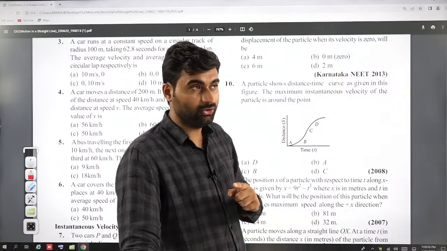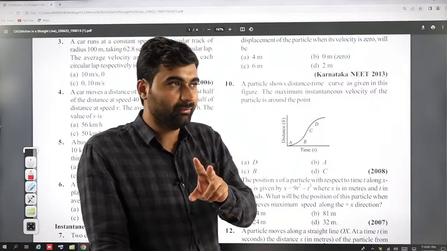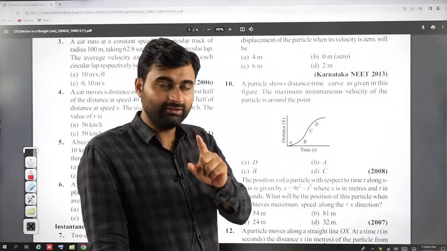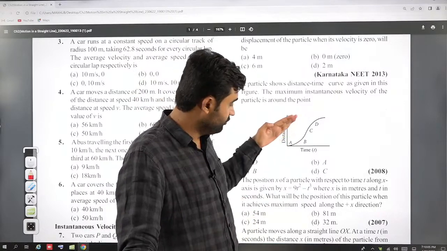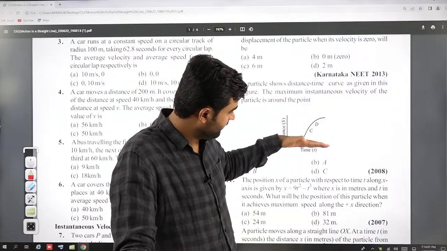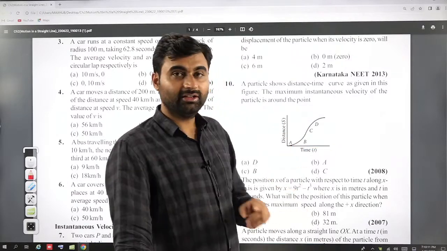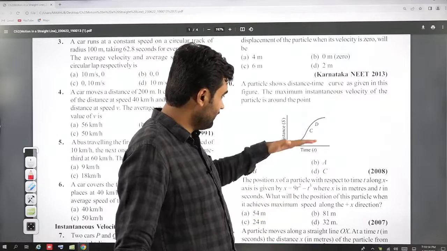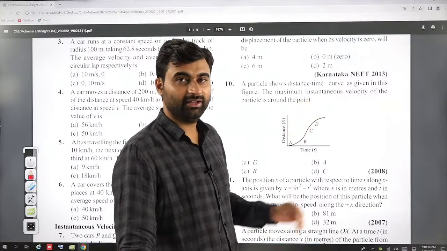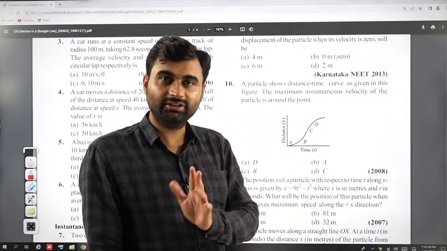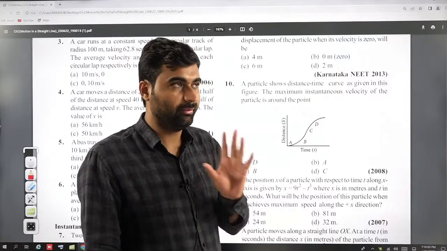Two things we discussed, if you remember. One thing is that if this graph is flat, nearer to the horizontal line, then its slope is less. If this graph is steep like this, then its slope is higher. Only these two lines you have to remember.